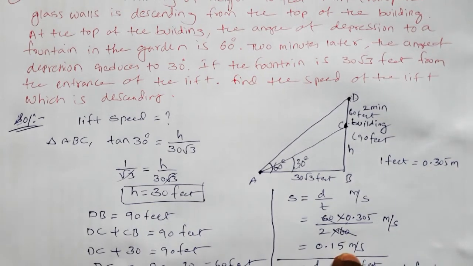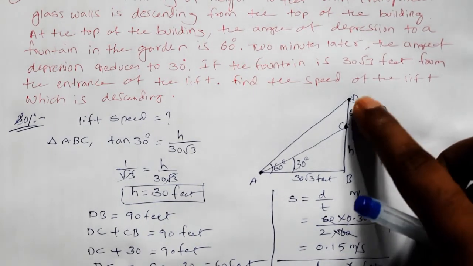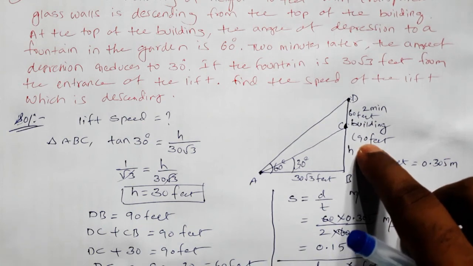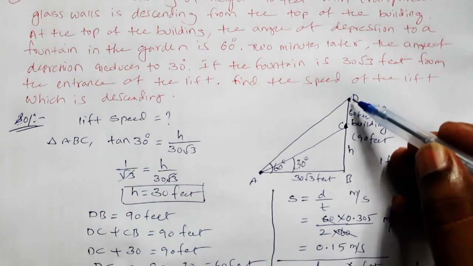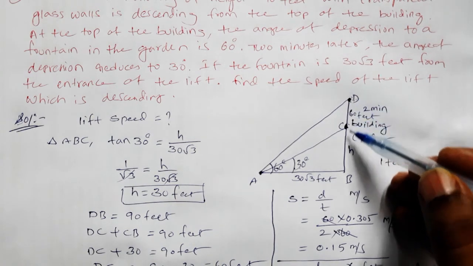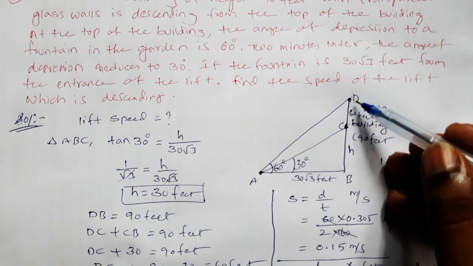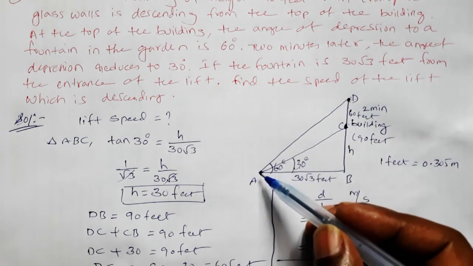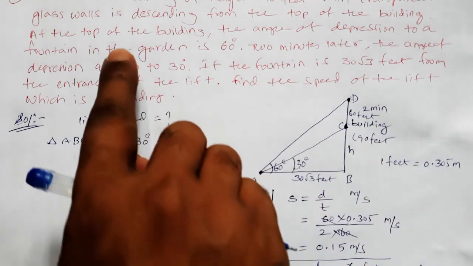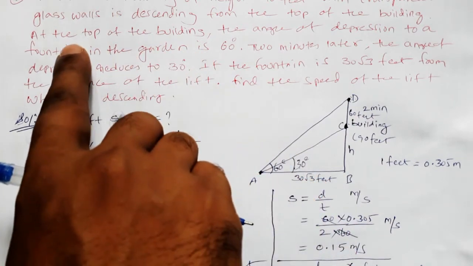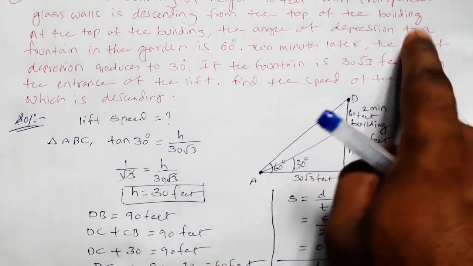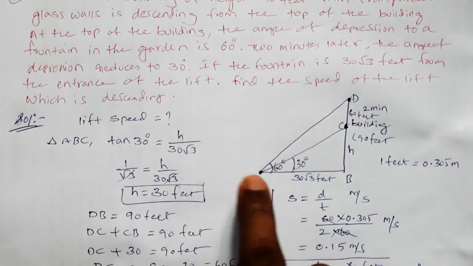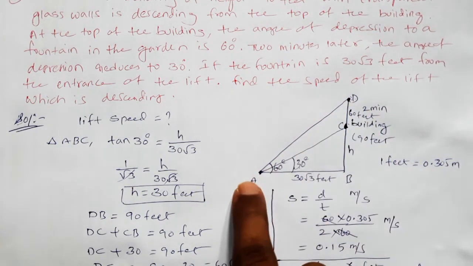Just go through this. A building is 90 feet in height. Then one lift is coming down from the top of the building. At the top of the building, the angle of depression to a fountain in the garden opposite, so here one garden is there and in that a fountain is there, that angle of depression is 60 degrees.